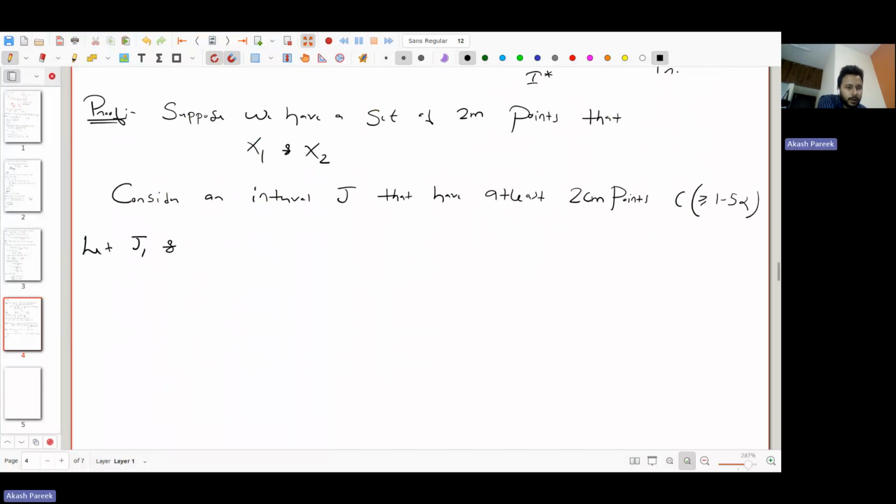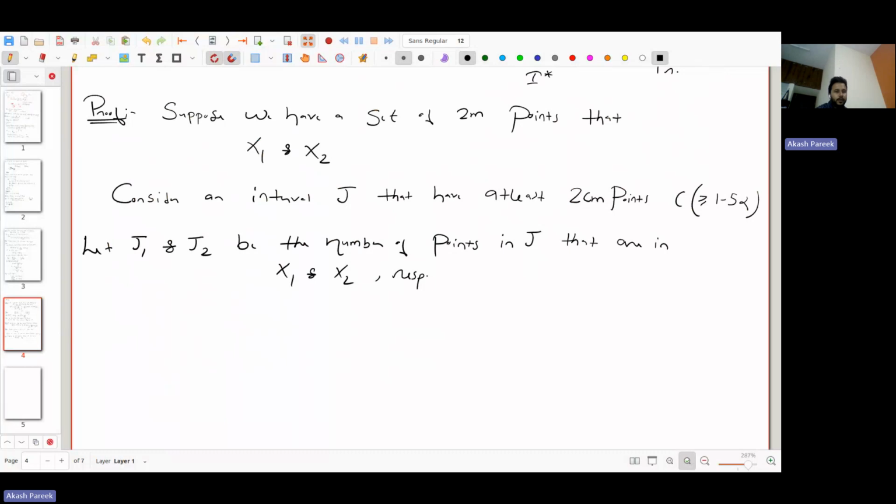Let J1 and J2 be the number of points in J that are in x1 and x2 respectively. So J1 is the set of points in J which are also in x1, so J1 is J intersection x1 and J2 is J intersection x2.